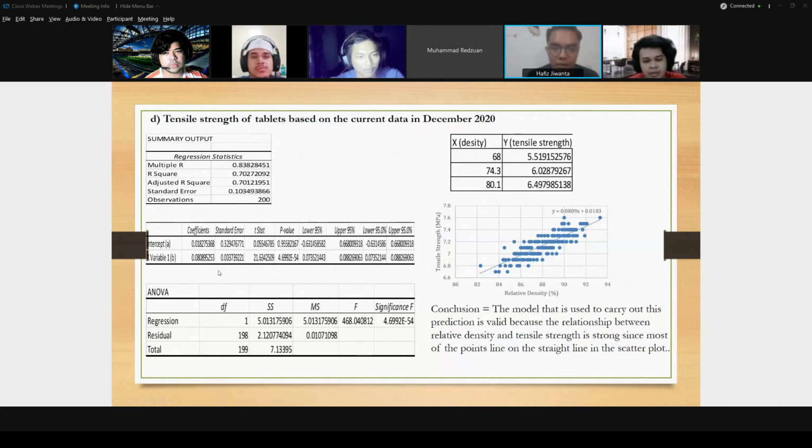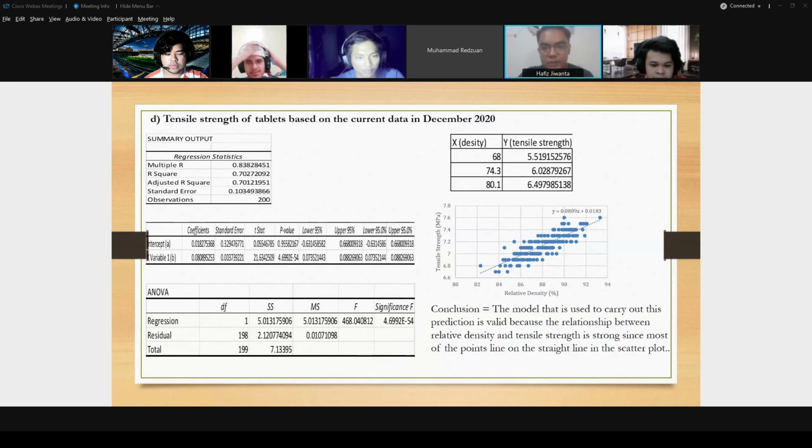Using the equation y equals 0.0809x plus 0.0183, we obtain the result for the relative density 68%. We have the tensile strength, and for the value of 74.3, we also obtained the tensile strength.